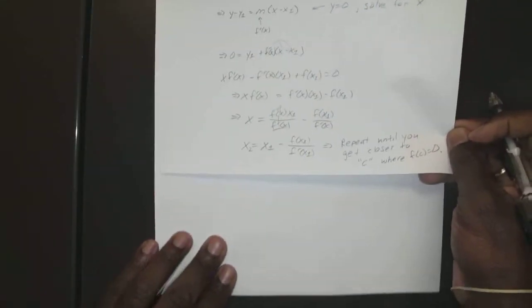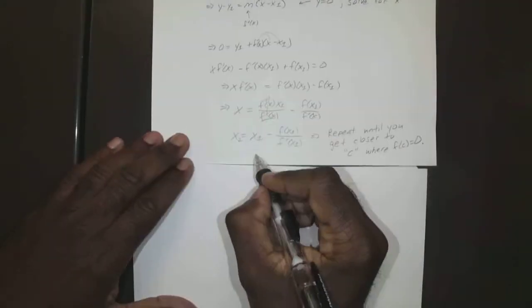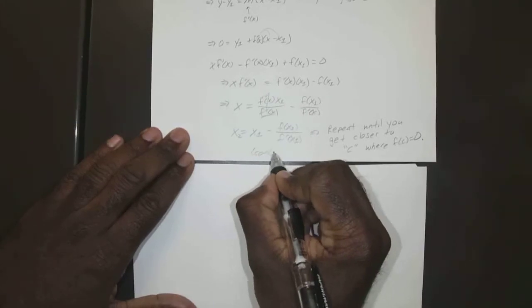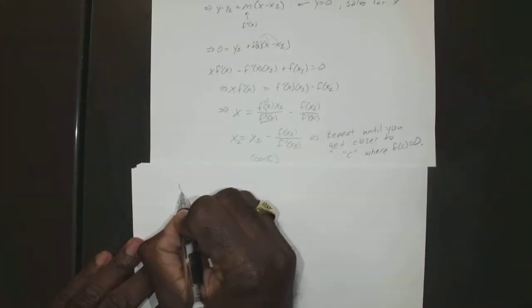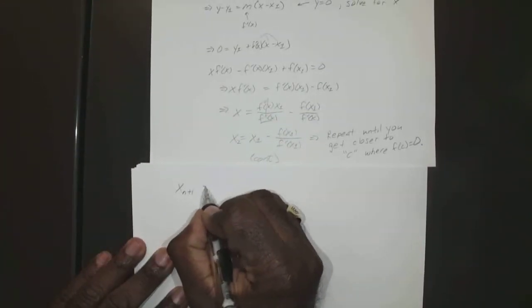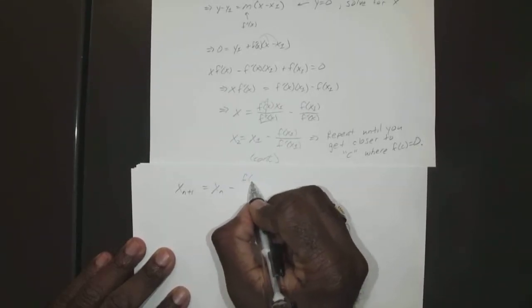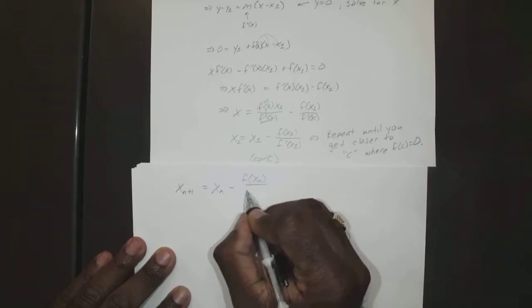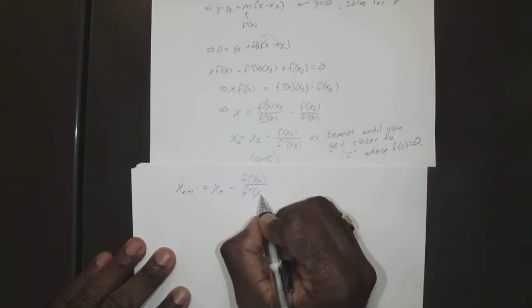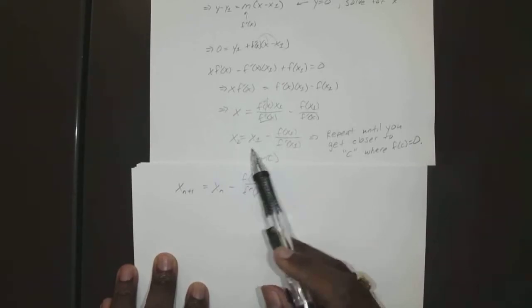I'm just going to move this up a little bit. So we'll continue that: x sub n plus 1 is equal to x sub n minus f of x sub n over f prime of x sub n. Because you'll solve for x2 and use that for x3. And you'll solve for x3, use that for x4. And it keeps going back and forth.